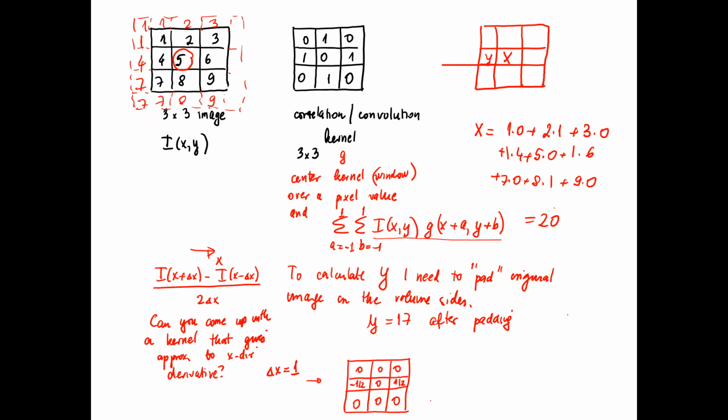The result of a convolution is an image, another image.